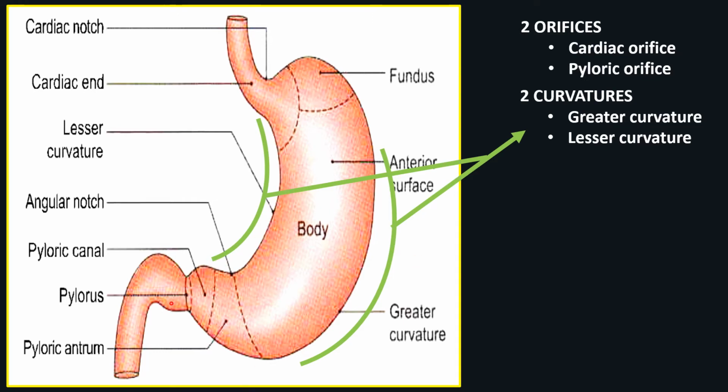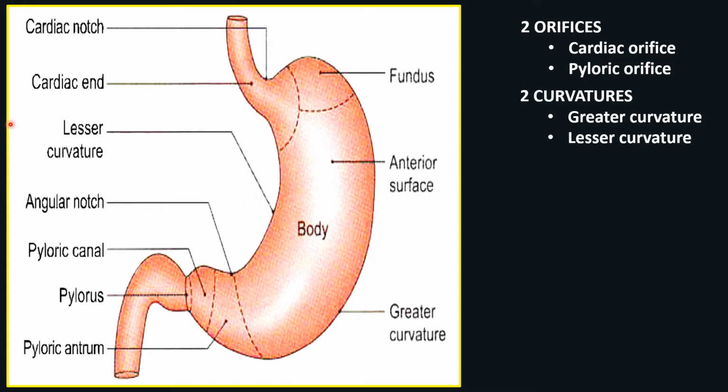So this is the lesser curvature. Lesser curvature is concave and forms the right border of stomach, while greater curvature is convex and forms the left border of stomach.